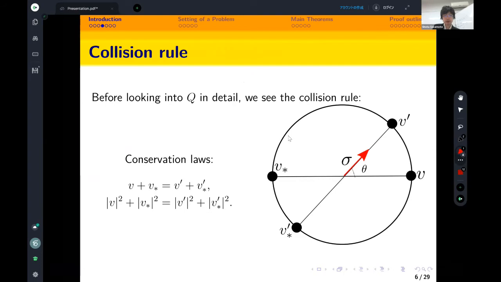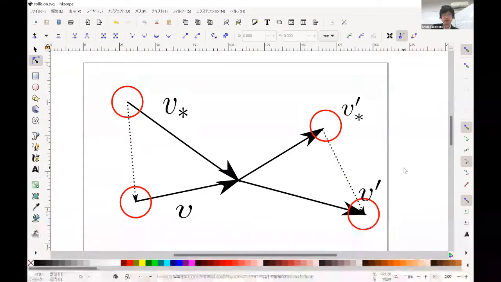Before looking into Q in detail, we have to see the collision rule. So there is another picture here. I don't know why, but I couldn't convert this to a PDF file. But anyway, assume we have two particles about to collide with velocity v and with velocity v_*.